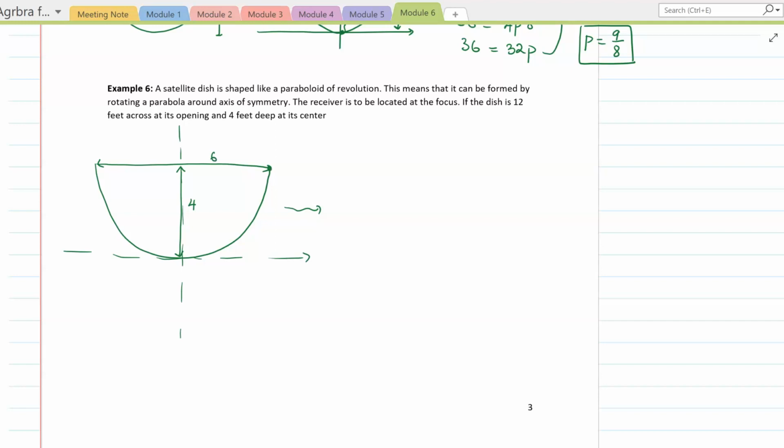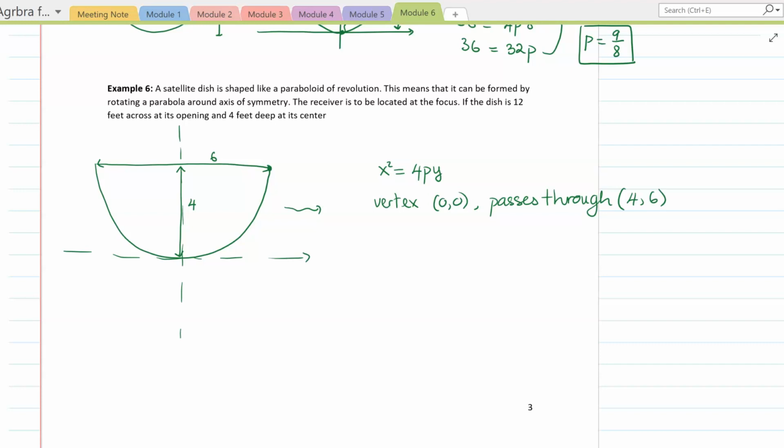Okay, so this is a parabola of the form x squared equals 4py, and it has vertex at (0, 0) and passes through one point, (6, 4).